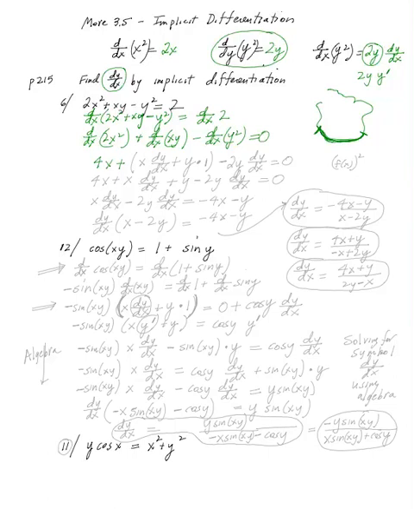Neither one of these is a constant because y is implicitly a function of x. So I've got a product. I've got to use product rule, which is the first times the derivative of the second. All I can say is dy dx, derivative of y with respect to x, plus the second times the derivative of the first. But the derivative of x with respect to x is 1.